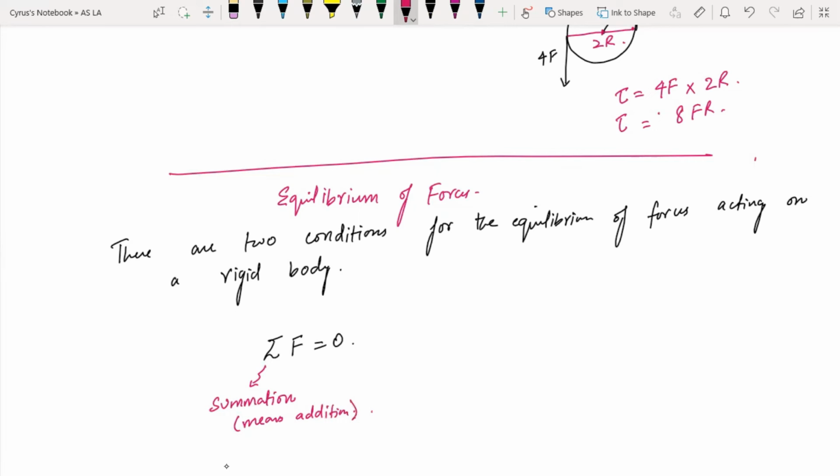If you have forces in x direction, then a resultant would be equal to 0. मैं अभी बताता हूँ कैसे. If you have forces in y direction, their resultant is also going to be 0.